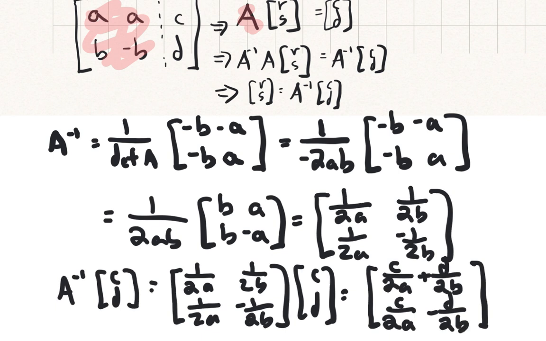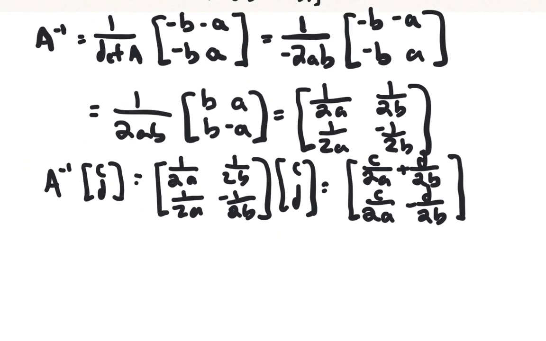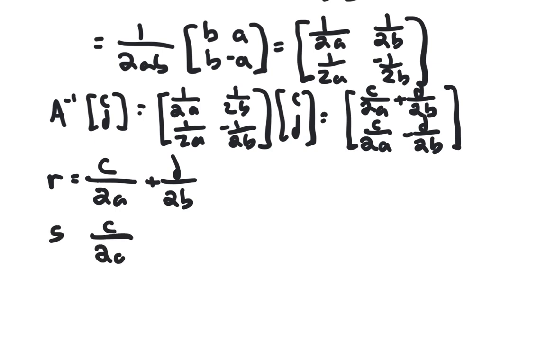So we can say, indeed, let me scroll up, that R is c over 2a plus d over 2b, and S is c over 2a minus d over 2b. So that's great.